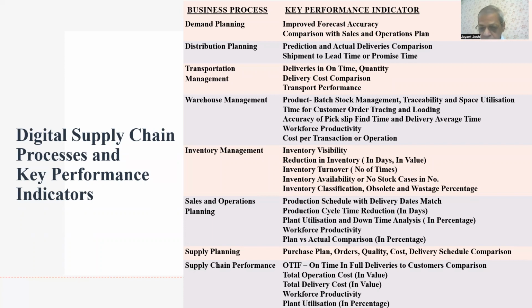This requires support from supply planning. So we started with demand planning. We have seen the demand side operations of distribution, transportation, and all that. And after manufacturing, we also have to see supply planning, because suppliers also have to get synchronized.